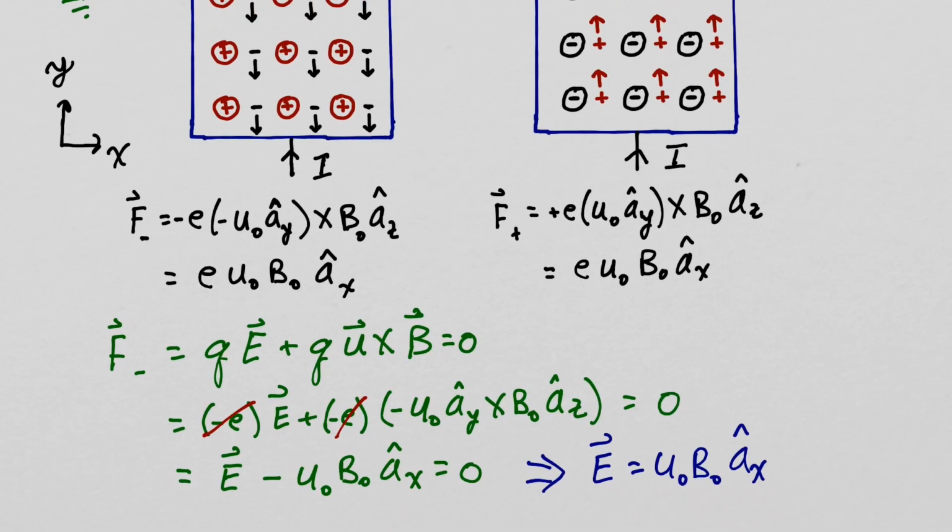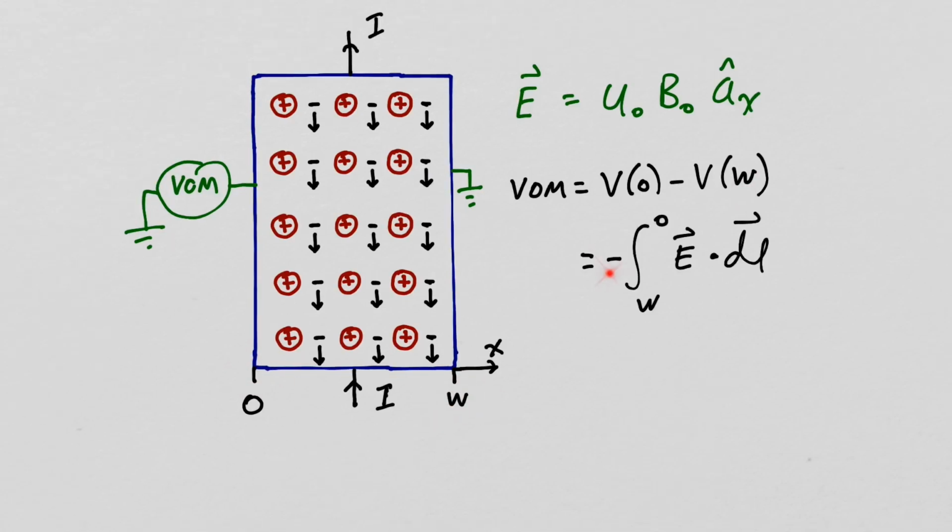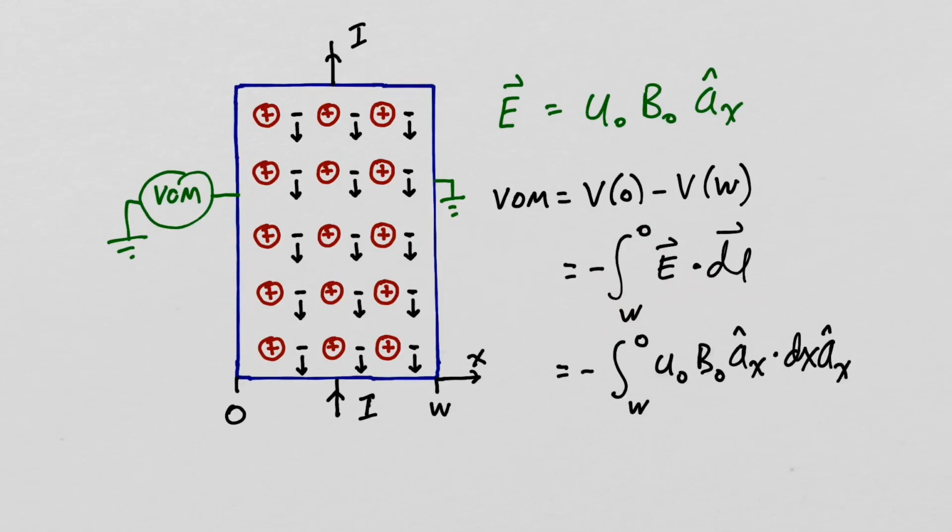So with the width of our sample being W, the voltmeter reading will be the voltage at x equals 0 minus the voltage at x equals W, which is equal to minus the integral from W to 0 of E dot dl. So substitute our value for the electric field intensity and dx in the x direction for dl. And we see the voltmeter reading is given by the velocity of the conduction electrons times the magnitude of our magnetic flux density field times the width of our gold conductor.